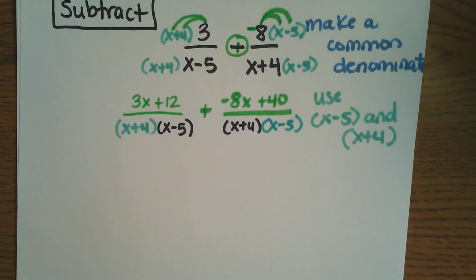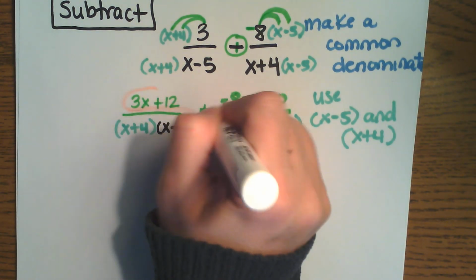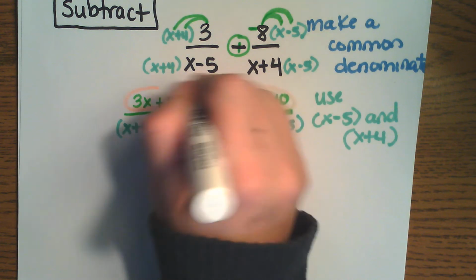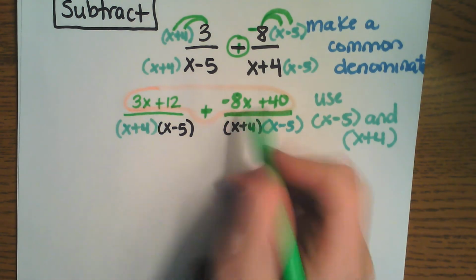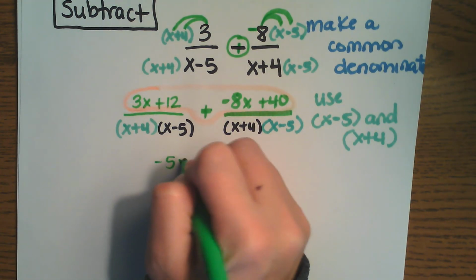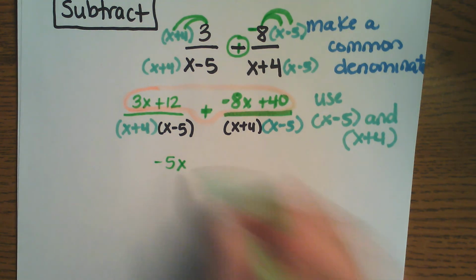Alright, so once you have that common denominator, you can add across the top. So I'm combining like terms. 3x take away negative 8x is negative 5x.